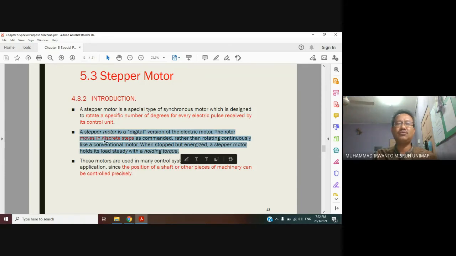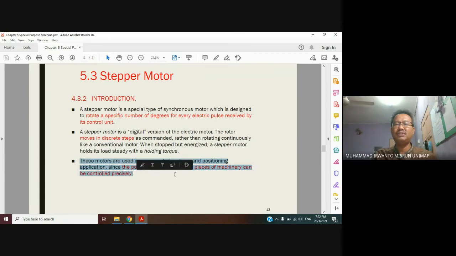The rotor moves in discrete steps as commanded, rather than rotating continuously like a conventional motor. When stopped but energized, a stepper motor holds its load steady with a holding torque. These motors are used in many control systems and position applications, since the position of a shaft or other piece of machinery can be controlled precisely.